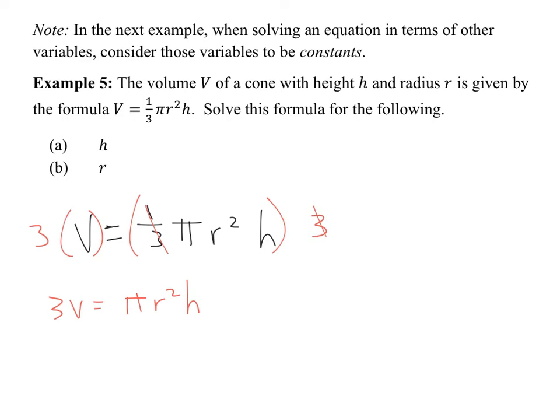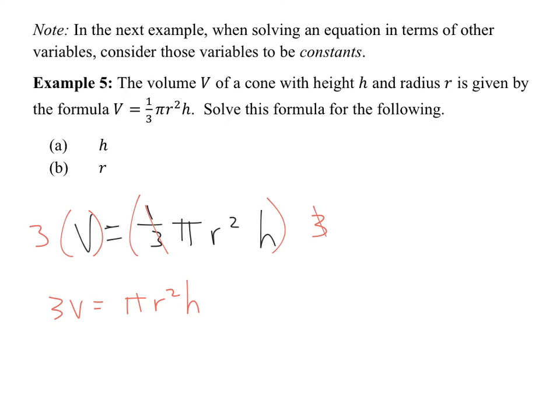What would you do next? Remember, we're solving for h. If we're solving for h, think of V and r as numbers. If r was a number, how would you get rid of it? If you had pi times 5 squared, how would you get rid of that 25 and that pi?